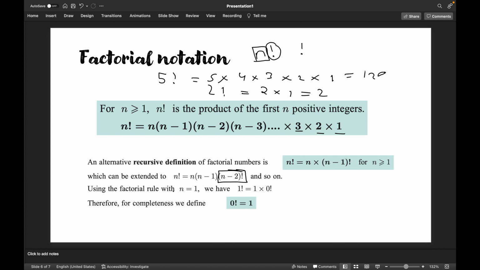Using the factorial rule with n equals 1, we have 1 factorial equals 1 into 0 factorial. And therefore, for completeness, we define 0 factorial as 1. There's really no logic to it. We just define 0 factorial as 1 because it's convenient.